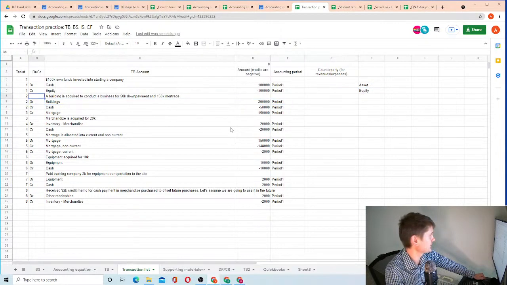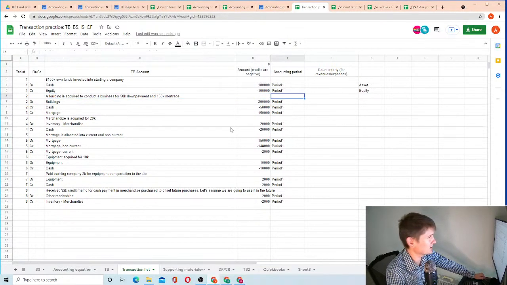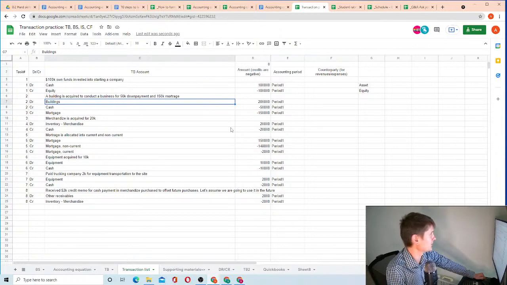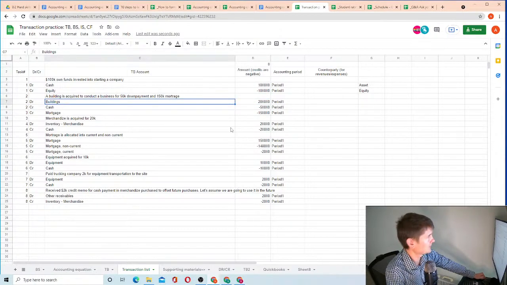Then on the second transaction, we say that we bought a building with a 50,000 down payment and 150,000 mortgage. And we record the transaction here. Okay, and the building is worth 200,000. It's like buying your own house with a 25% down payment. But that's a building for the business.